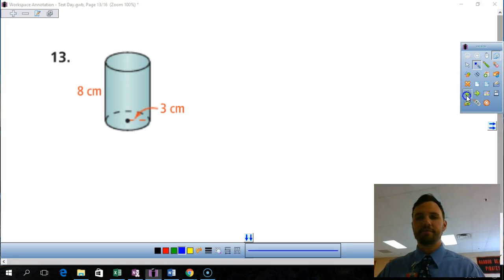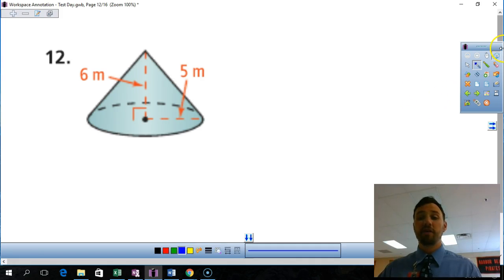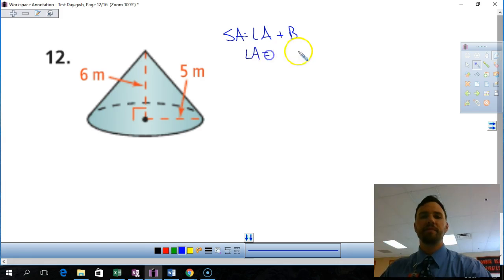All right, next one. All right, now we have a cone, right? So for this one, my surface area is lateral area plus base. And my lateral area is what?